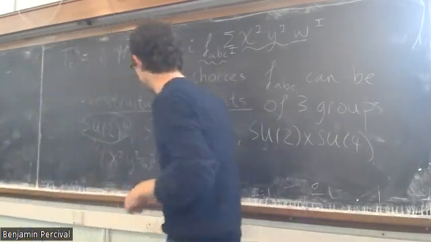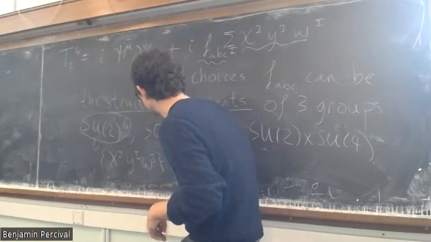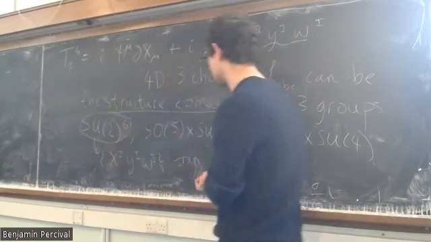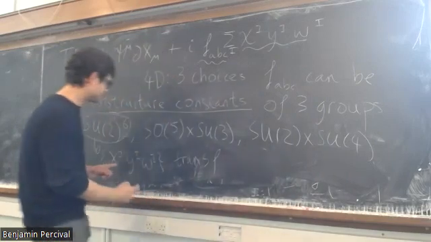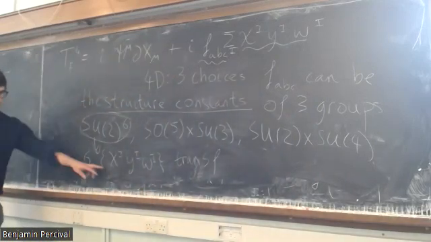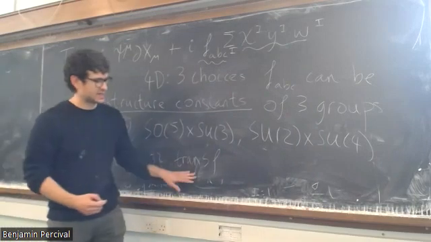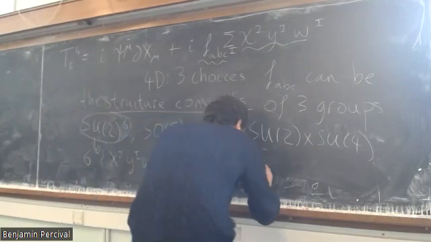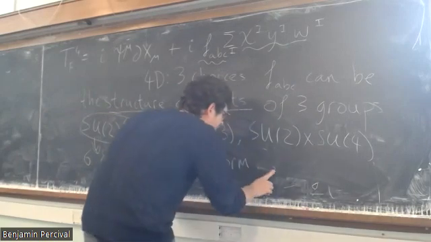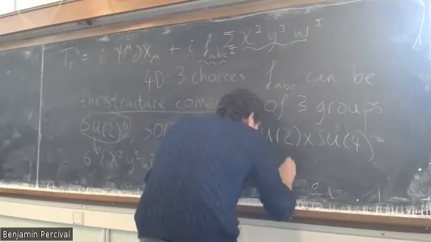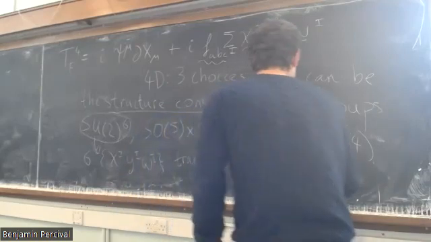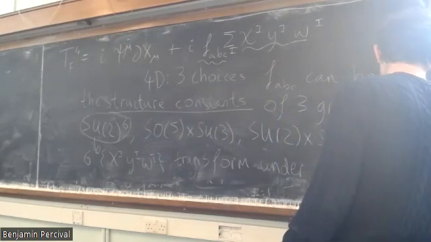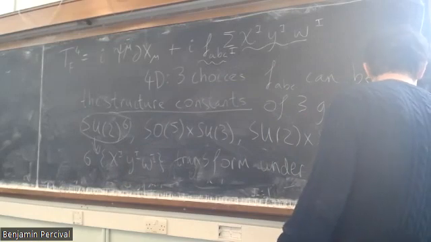So for SU2 to the 6, each of these 6 triplets are adjoint generators, or transform under the adjoint of SU2.